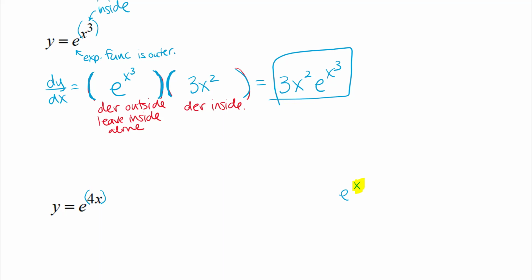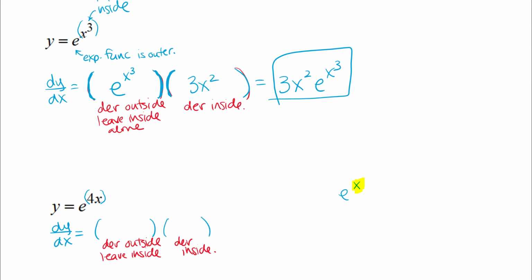So that's what we have here. Our inner function is 4x, and outer function is exponential function. So our derivative, dy dx, is, I'm going to label these again one more time here, derivative of the outside, leave the inside alone, times the derivative of what's inside. Okay, so derivative of e to a variable power is just that.